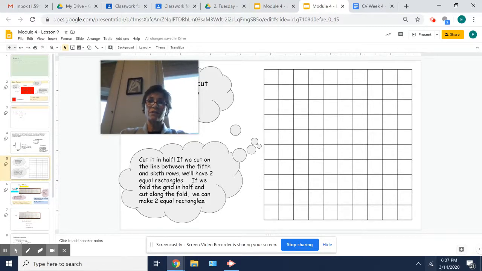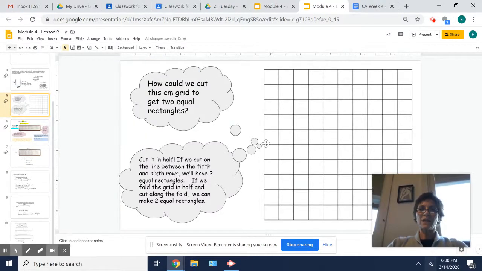So also along this, we can cut it in half along this line here. 1, 2, 3, 4, 5 along this line here, and we get 2 equal rectangles. Or we can fold it in half. Let's imagine that I fold it in half along this line and cut it so that I have 2 identical rectangles. 1, 2, 3, 4, 5, there we go.